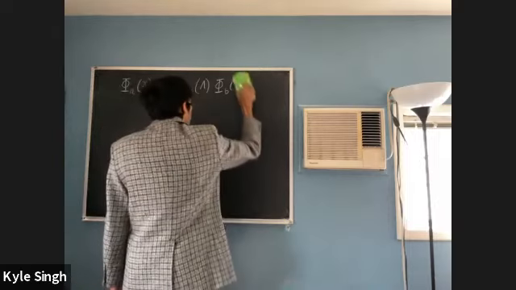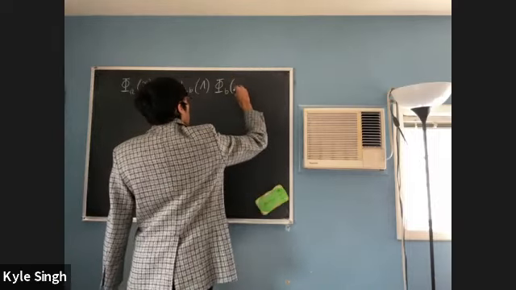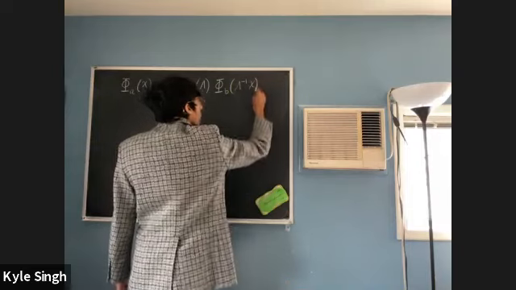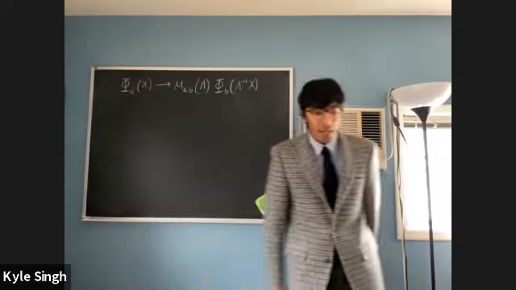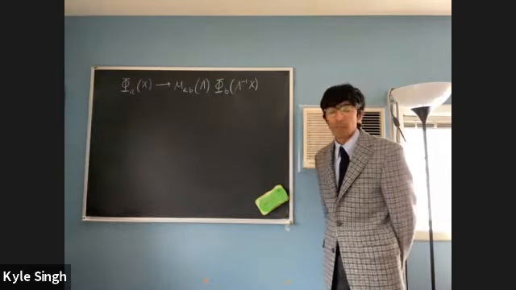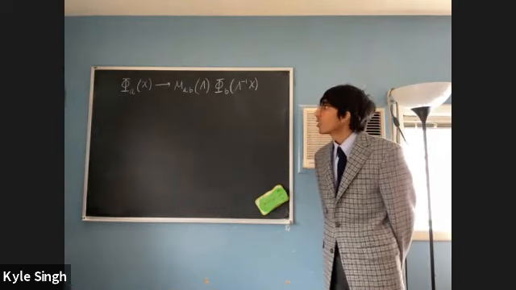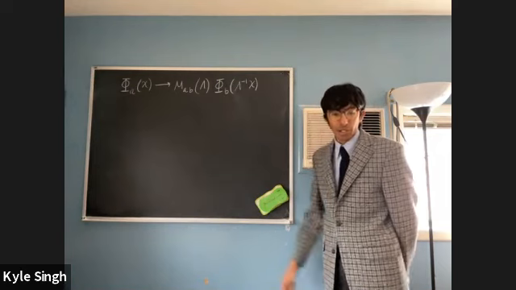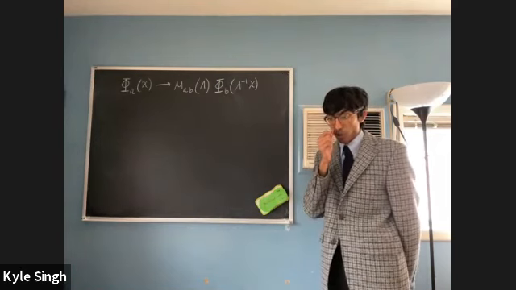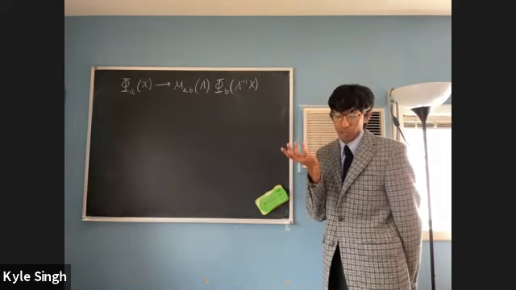Sorry, I should probably write this way to be consistent. Okay, so what is this M_AB? This is just some set of lambda matrices acting on phi_B. So I'm just being a little bit more general here. I'm not being that much more general, just a little bit more general.